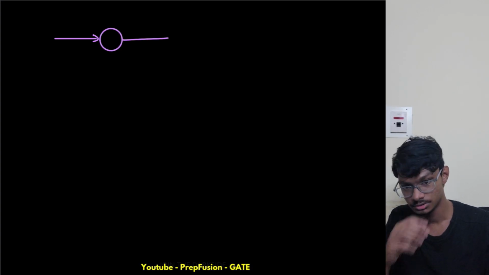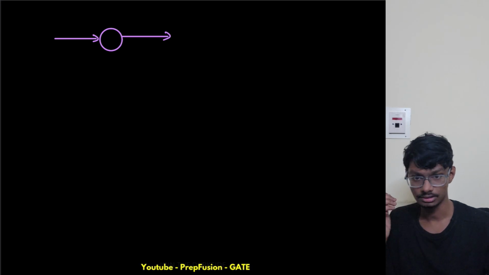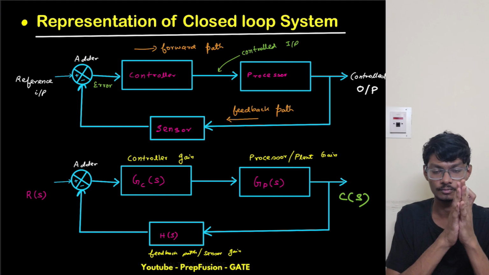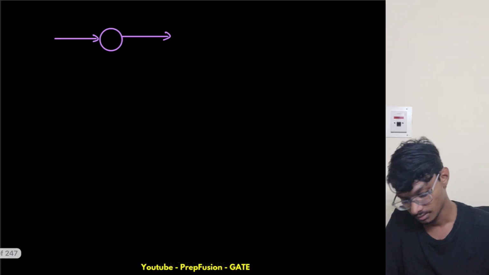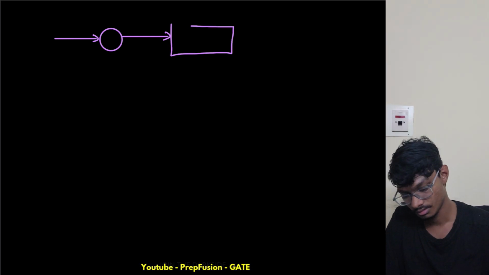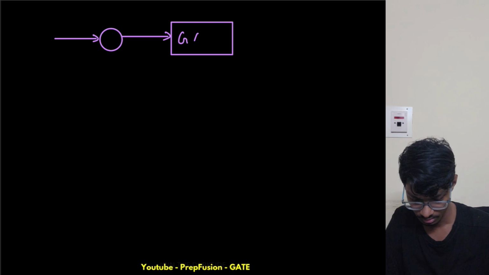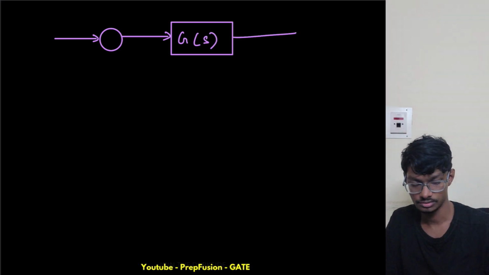So what I will do is represent GC and GP, cascade these two and make it one block only. So this will be G of S only.